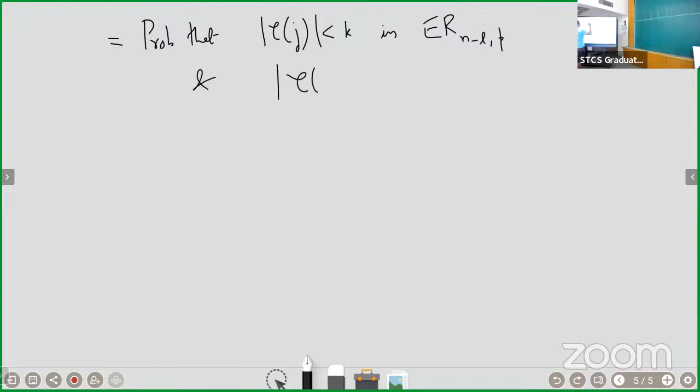The probability that this is the key: ER minus, and is given.